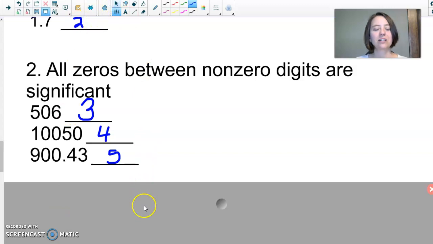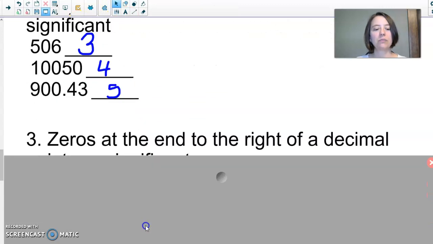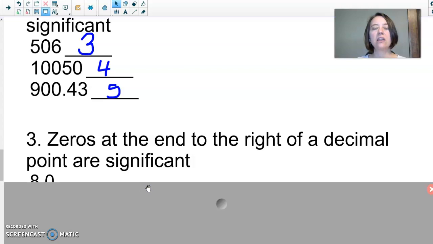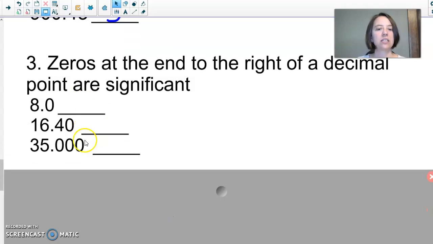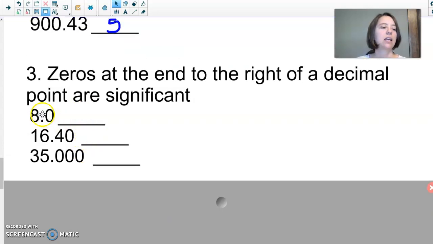All right, so let's look at rule number 3. Zeros at the end to the right of a decimal point are significant. So please write that down, and then let's go over 8.0. So zeros at the end to the right of a decimal point are significant.